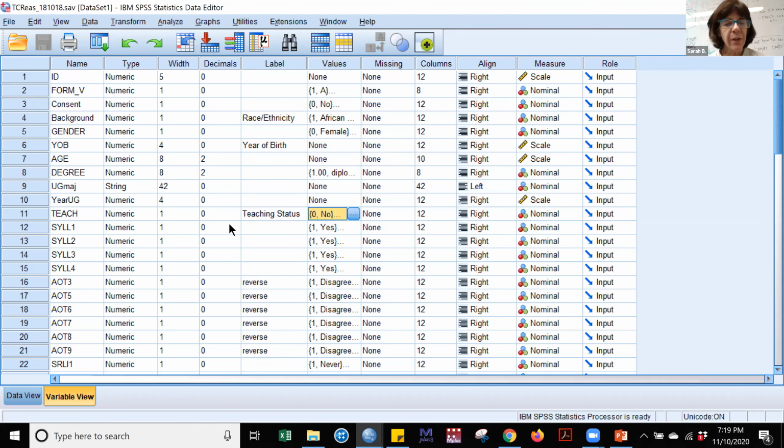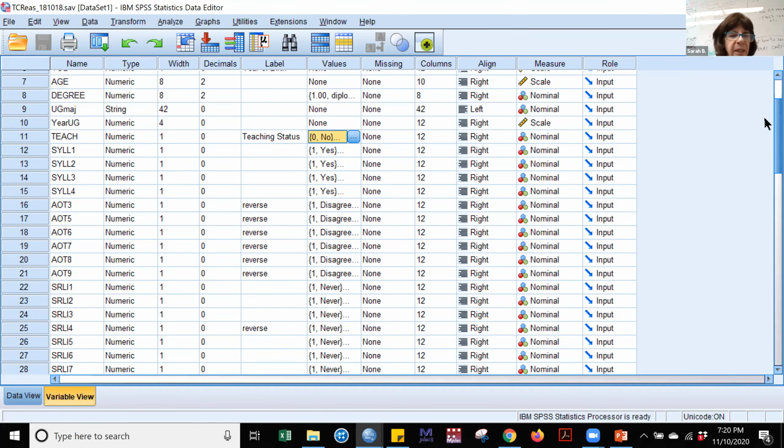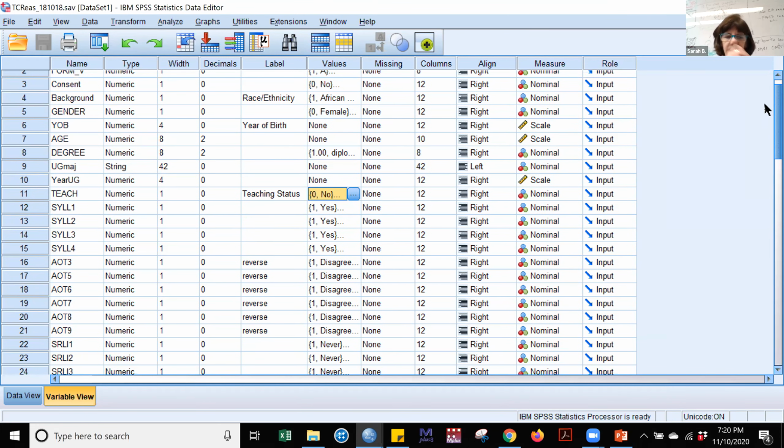And then these various survey items. So this was a test of reasoning. And it started out with all these syllogism items, which are things like, if A, then B, A is B, true. And there are only 4 listed here, but I think on the actual test, there were a lot of them.